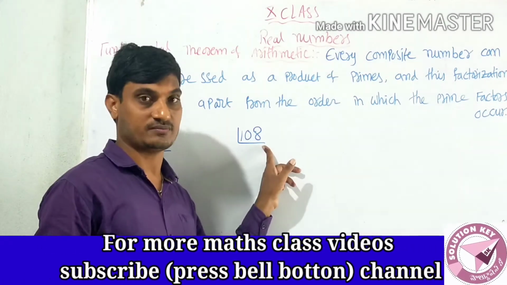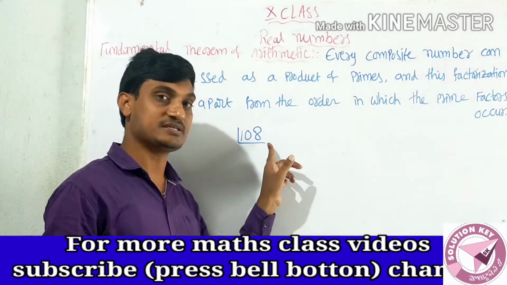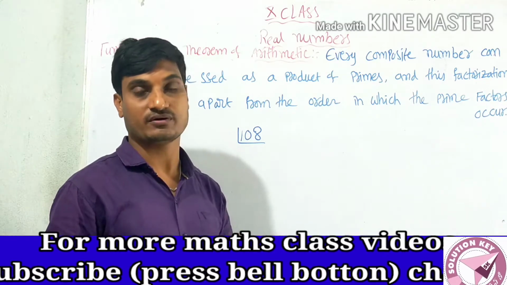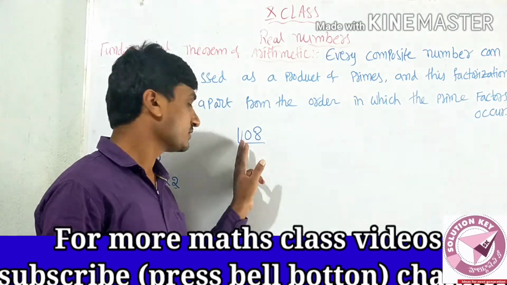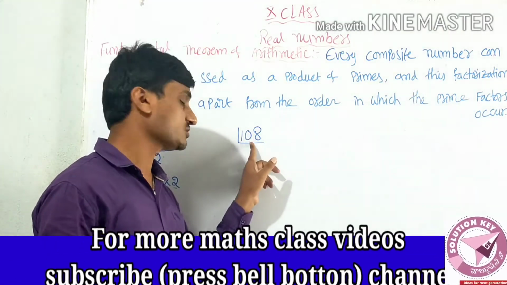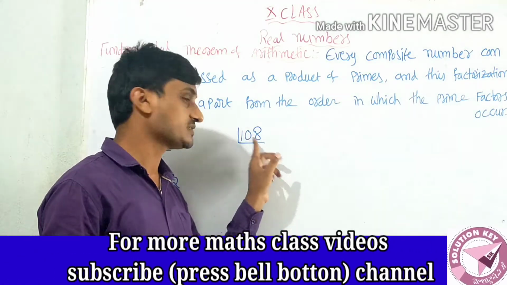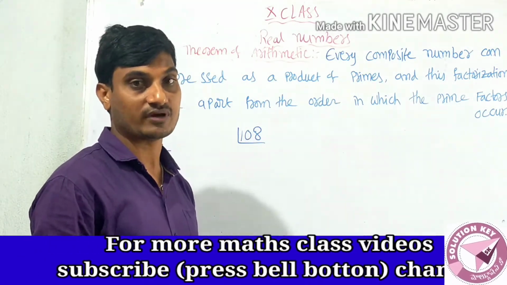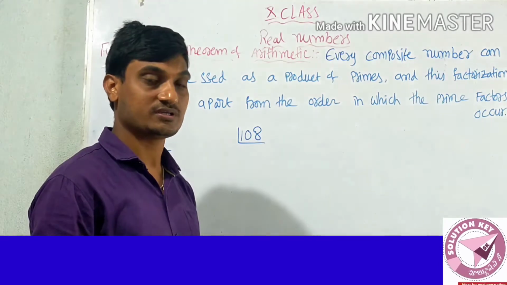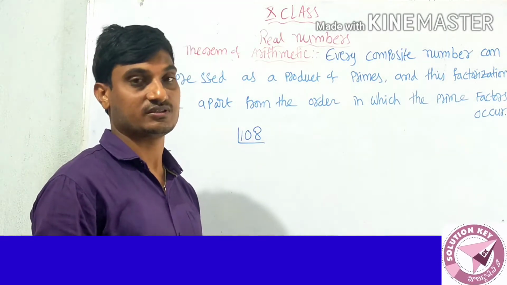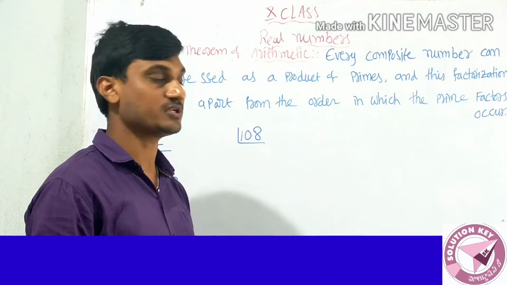Numbers with only 1 and itself as factors are called prime numbers, meaning the number is only in the 1 table and its own table. More than 2 factors means a composite number. Why? Because the ones place is 8, so it is in the 2 table, and also the 3 table: 1 plus 0 is 1, 1 plus 8 is 9, and 9 is in the 3 table. So it has more factors, then it is a composite number.